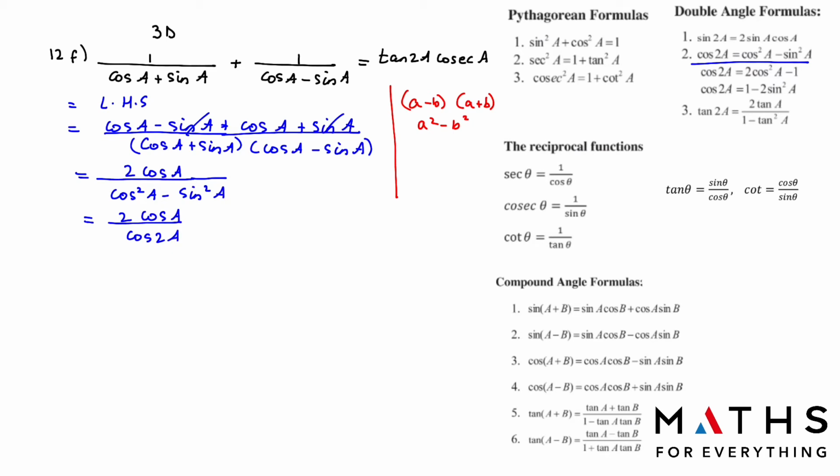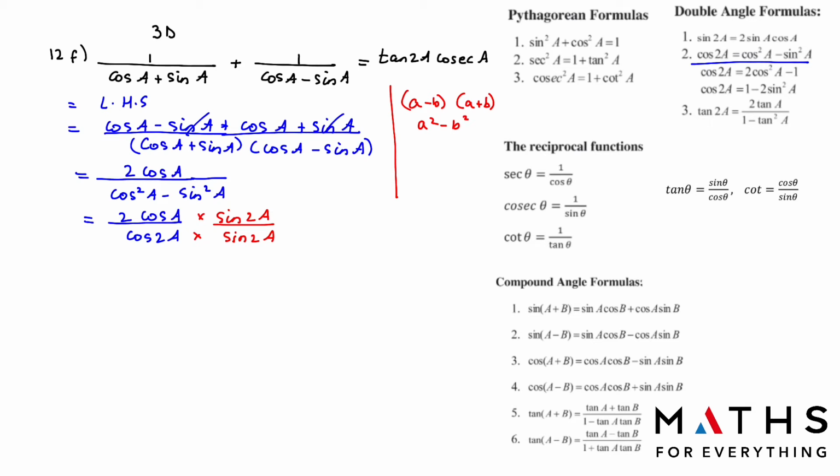We reached till here. We won't be able to solve it further unless you look at what you want to find. You want to find tan 2A. It means you need a sine 2A on the top. So that's the reason I'll multiply sine 2A on the top. But remember, you also have to multiply in the denominator.